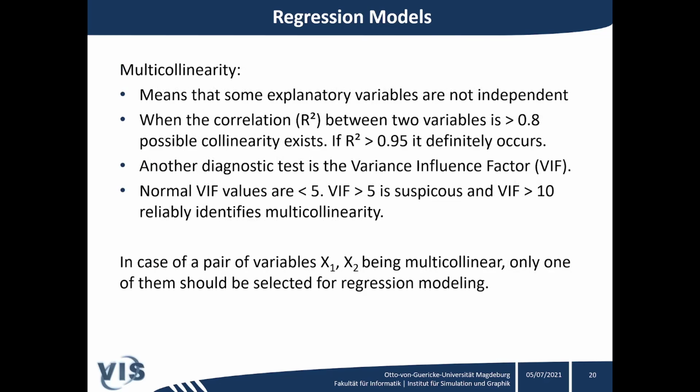In addition, we want to talk about multicollinearity, which is a specific statistical phenomenon. It means that some explanatory variables are not independent. And thus it is difficult to test how much the combination of the independent variables affects the dependent variable or outcome within the regression model.